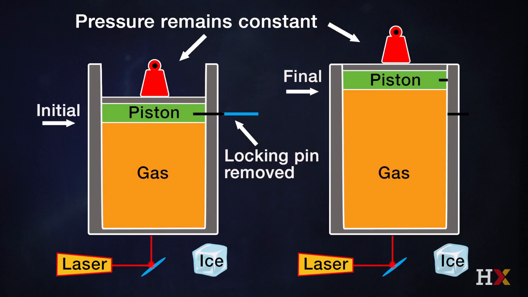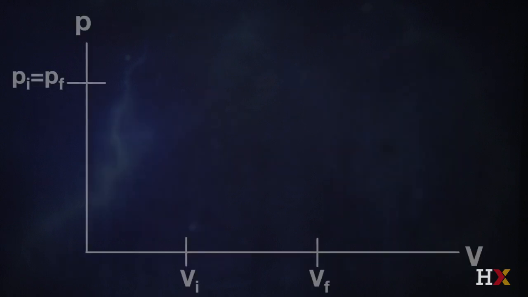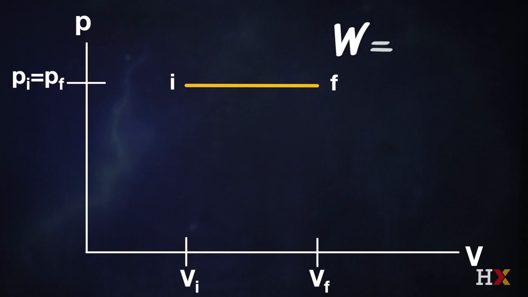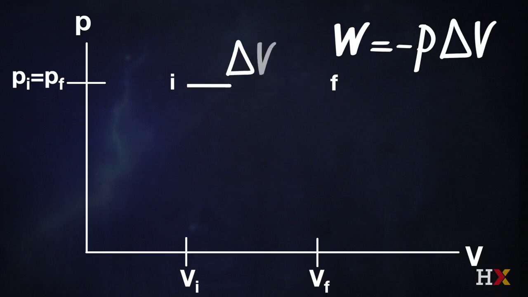But what does this look like on our pressure-volume coordinate system? It means that as we are adding heat by virtue of the laser, we're moving along a pathway on this pressure-volume surface, but at fixed pressure. Well, this is a very important trajectory because the work is equal to minus P times delta V. Well, this is for the case of constant pressure, but delta V is exactly equal to this displacement.